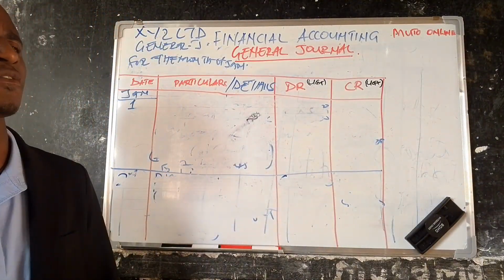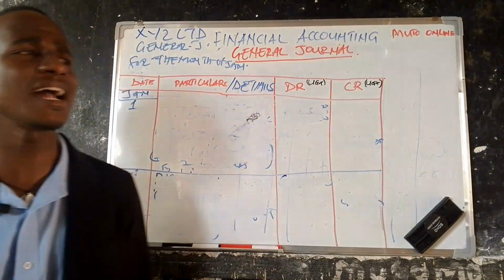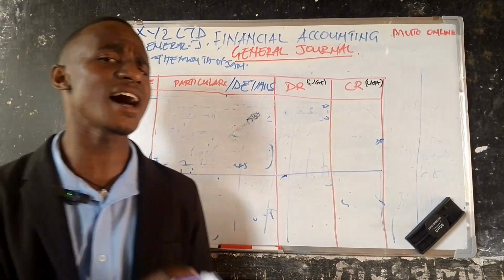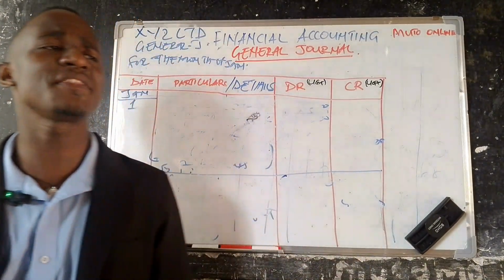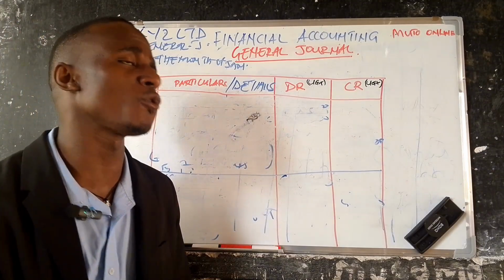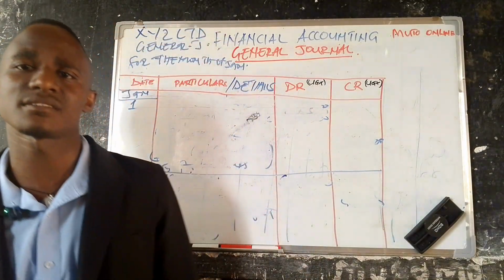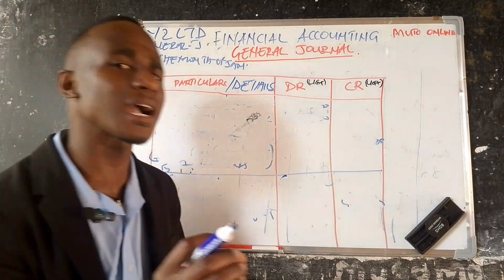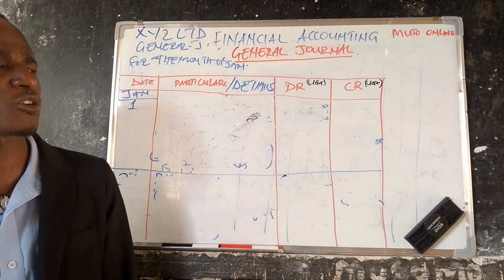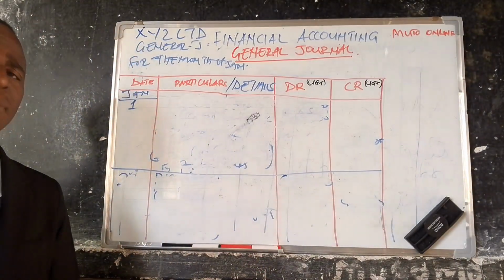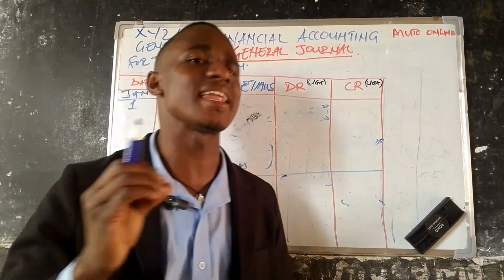One may specify a motor vehicle to be an asset. And under this, you remember that all assets are debited. And this asset in the name of a motor vehicle was purchased by check. It means that money at bank reduced. So we are going to credit the bank and debit the motor vehicle because it is an asset.